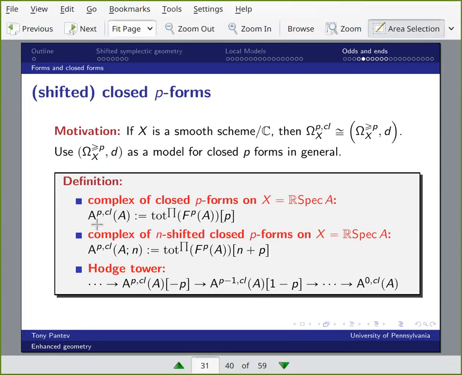You can shift it by any integer n, and that shift just appears in the total shift. And then you have a Hodge tower, which is the analog of the Hodge filtration. So this P truncation is the P-th step of the Hodge filtration, and then you have these closed forms, and you can shift them by anything you want, and you get a whole tower of complexes, and that's the analog of the Hodge filtration in this case.